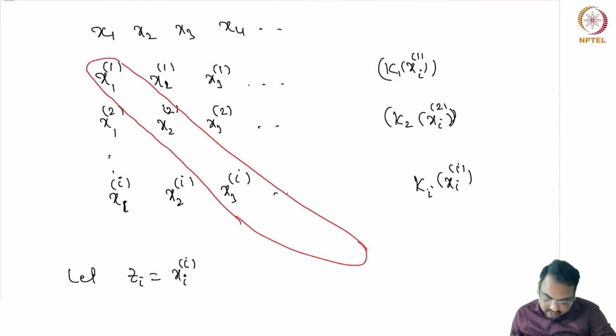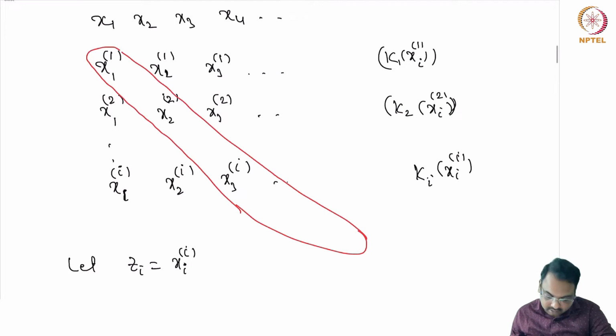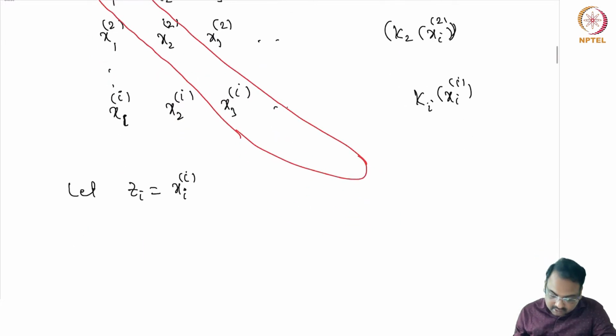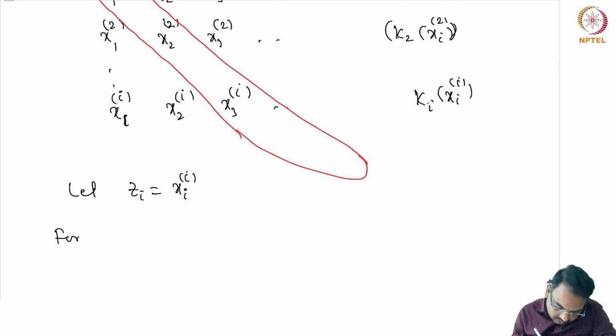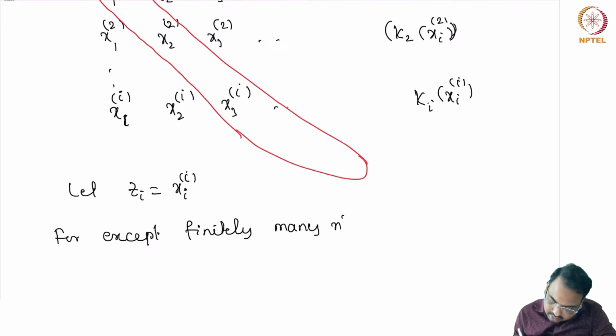In fact, it is a subsequence of xni, such that except for finitely many n's, Kn of zi is convergent.